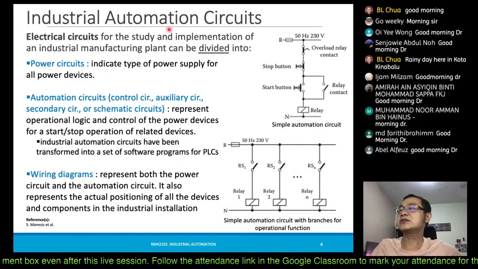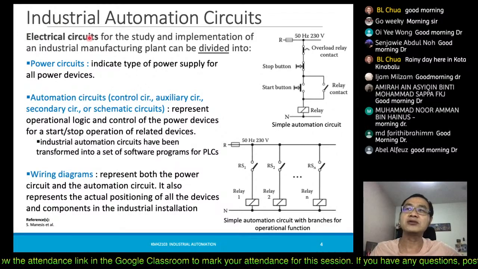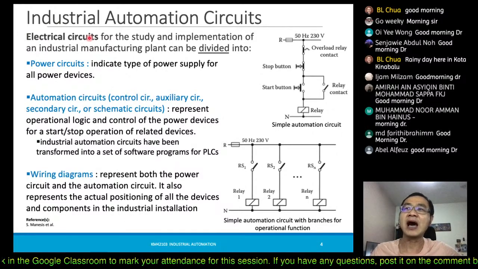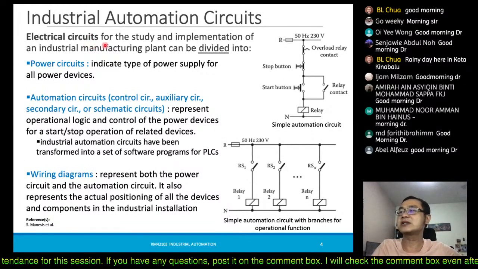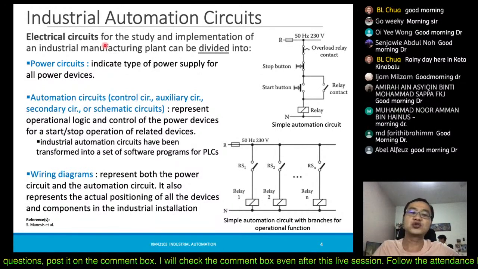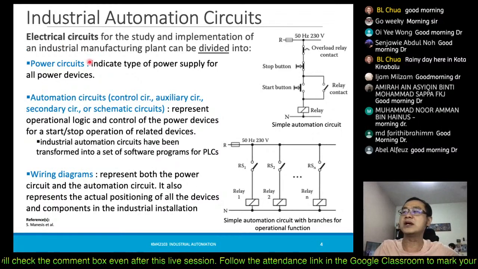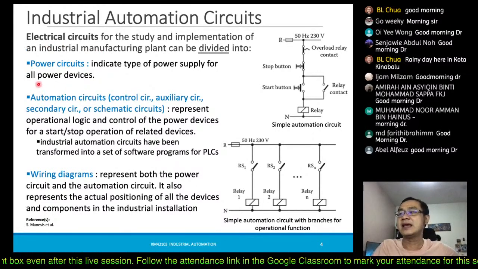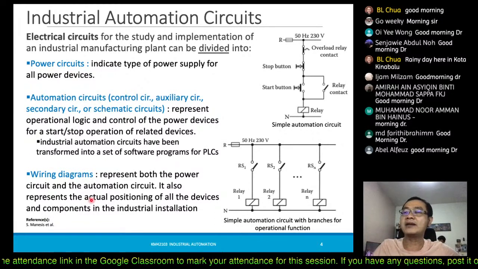So in the electrical circuits, when we deal with the automations, we would want to tell what the components are and how they operate in general. Here generally we can divide them into three main circuits or drawings. The first one, the power circuit, then the second one, the automation circuit, and the third one, the wiring diagrams.